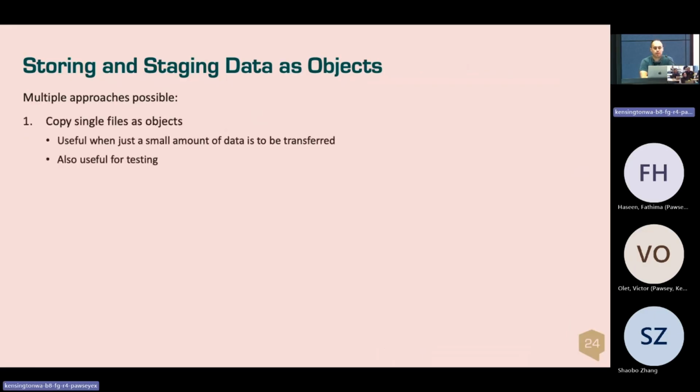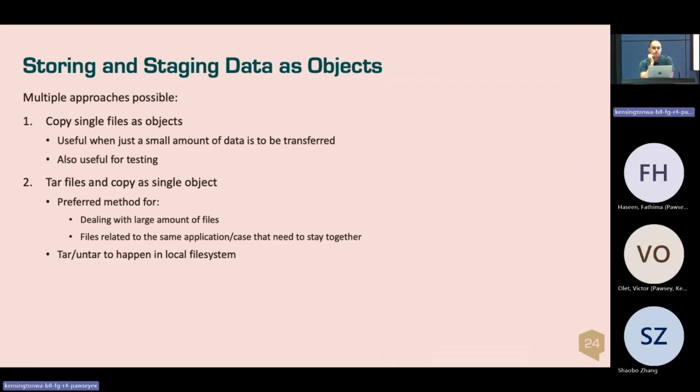You can copy single files as objects. As I said, objects are like files, but they cannot be modified. Once you take a file and copy it in a bucket, that becomes an object. This is useful when a small amount of data is to be transferred, and it's also useful for testing.